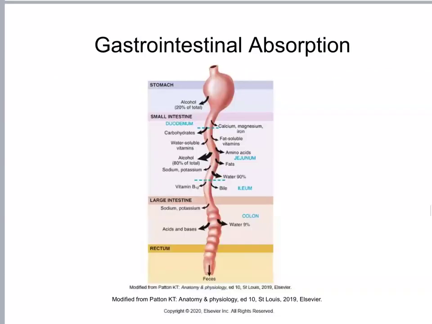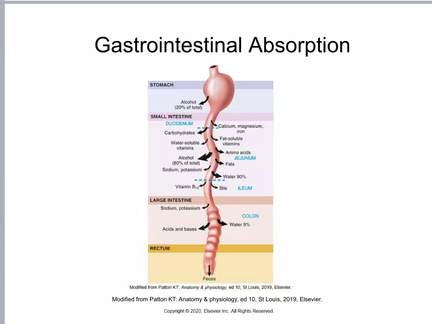Here is this little chart of gastrointestinal absorption, and I think it's pretty fascinating. It shows what gets absorbed where. So you can see if you drink alcohol, 20% of the absorption happens in the stomach. And maybe that has to do with why eating influences how you feel, or how impaired you get.